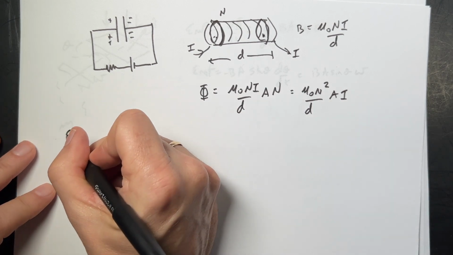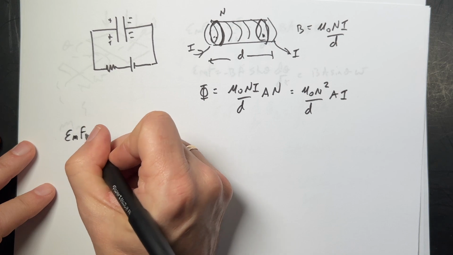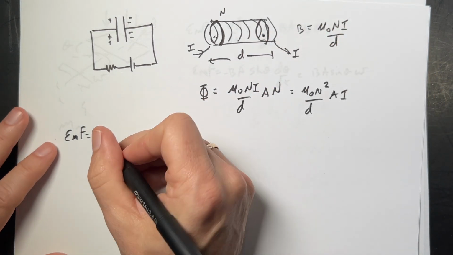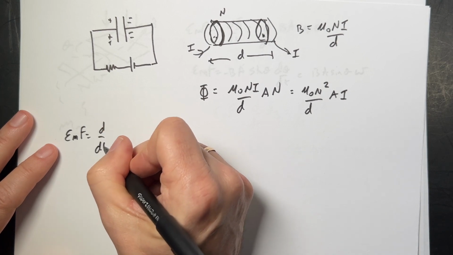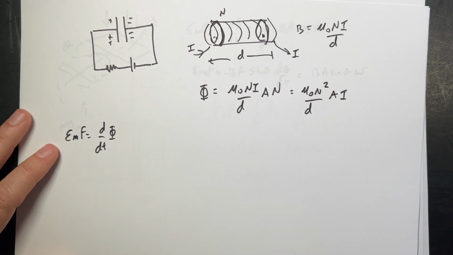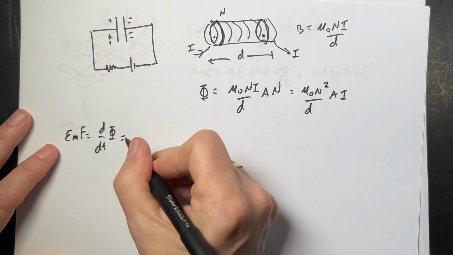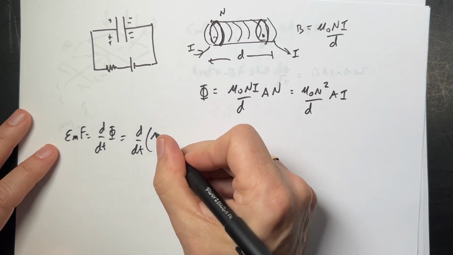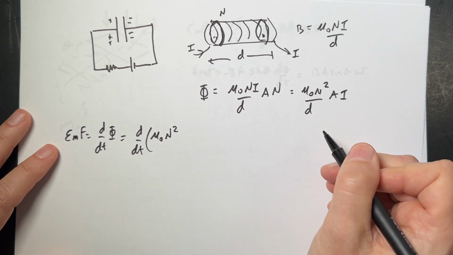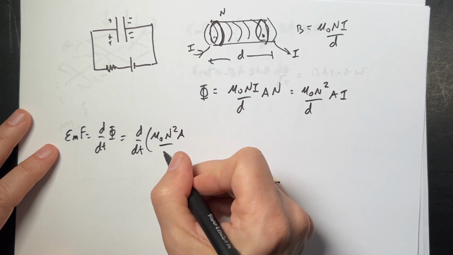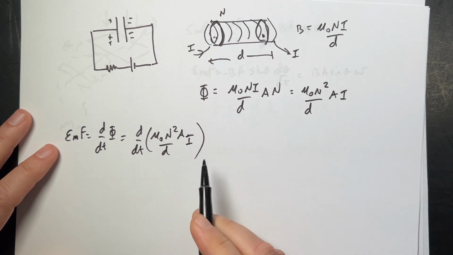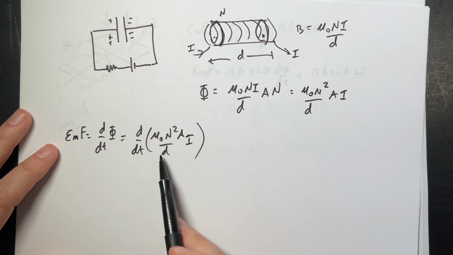So I can say Faraday's law says EMF across the capacitor is equal to, and I'm going to leave off the sign, we don't have to worry about the sign, the derivative with respect to time of the flux. So let's put this in for the flux. I get the derivative with respect to time of mu naught n squared A over d times I. And all of that stuff is constant with time.